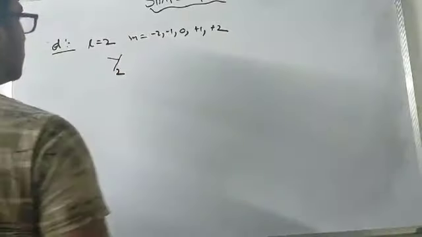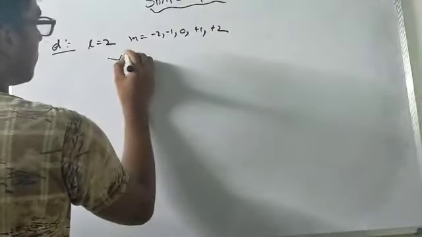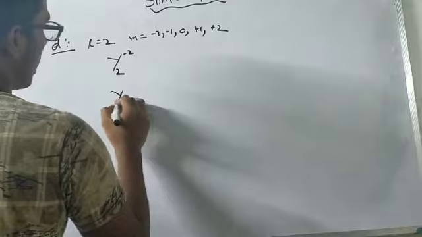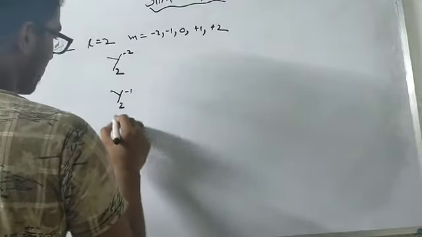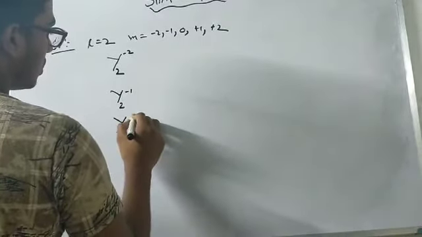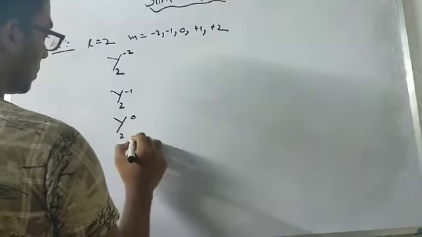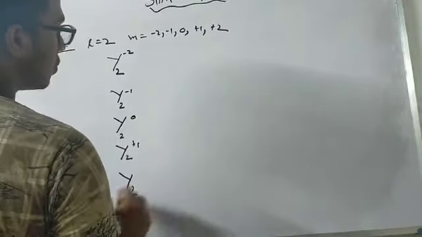If I want to write the spherical harmonics, the angular wave functions, they are Y(2,-2), Y(2,-1), Y(2,0), Y(2,+1), Y(2,+2). So five angular wave functions are possible for the d orbital.